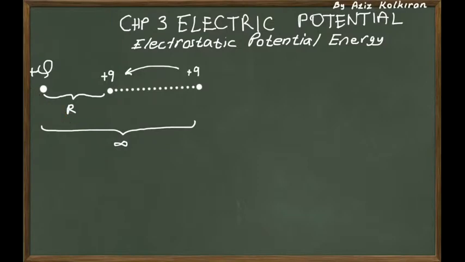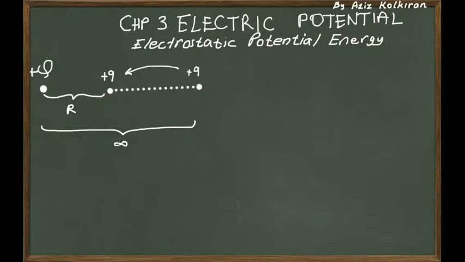Suppose you do it on a line, okay? You bring this charge, initially located at a very far distance, on a line toward this plus Q, large Q, to a distance r.